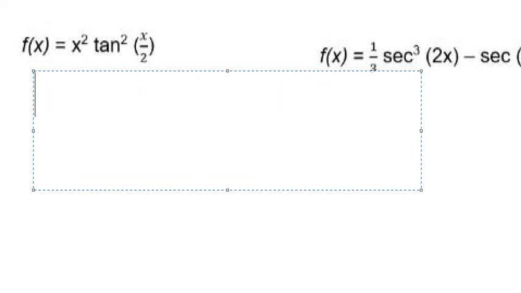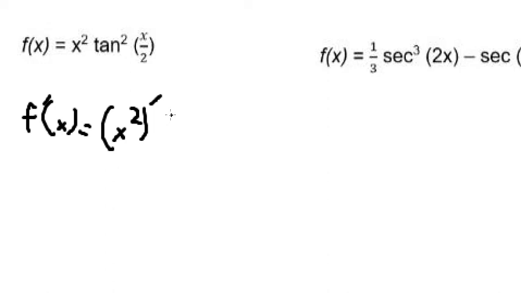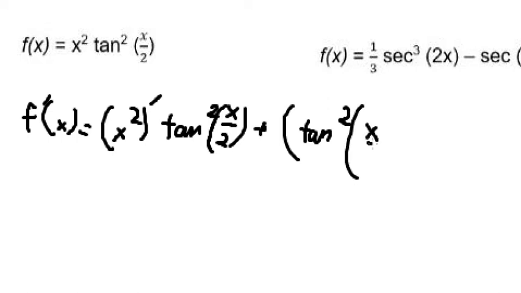So that means we do first derivative of x squared multiplied with tan s over 2 squared. Later we do first derivative of this one, multiplied by s squared. This one we have 2s.